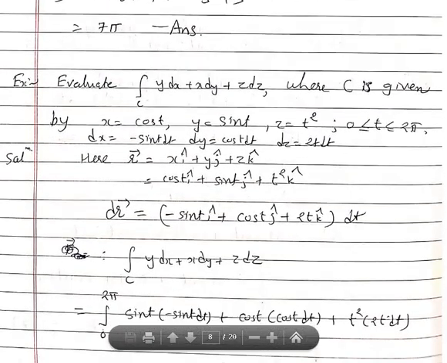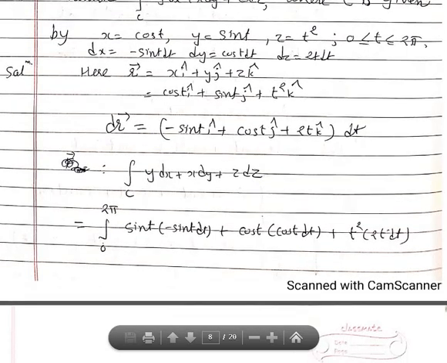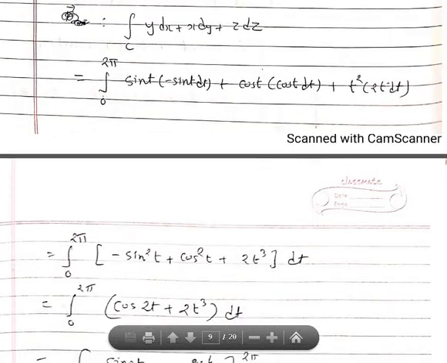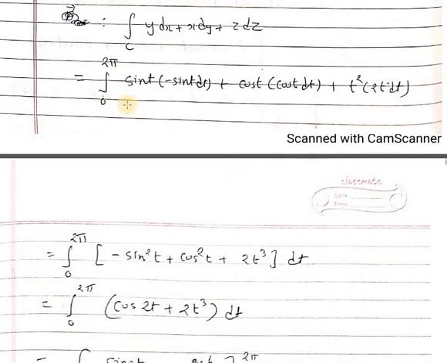So putting all values in the integration, ∫ y dx + x dy + z dz will be reducing in the form of 0 to 2π, y = sin t, dx = −sin t dt, x = cos t, dy = cos t dt, and z = t², dz = 2t dt.